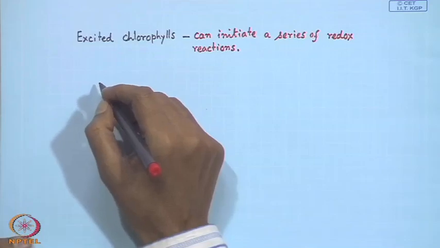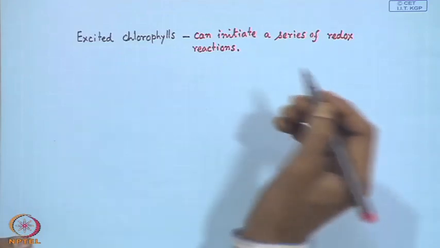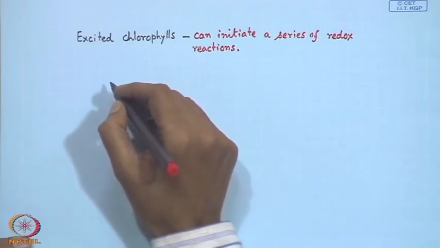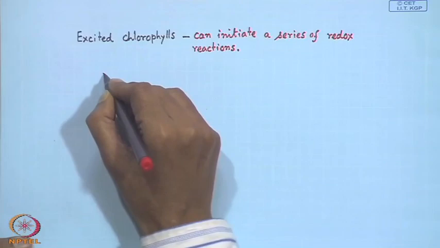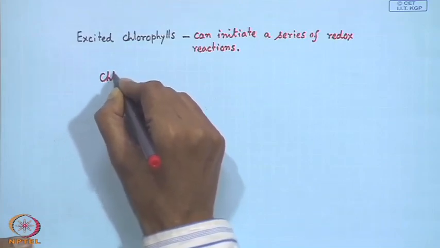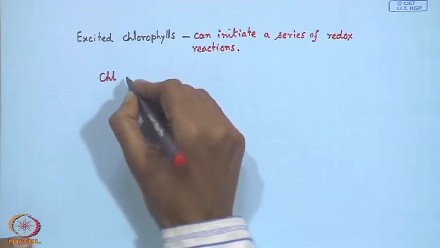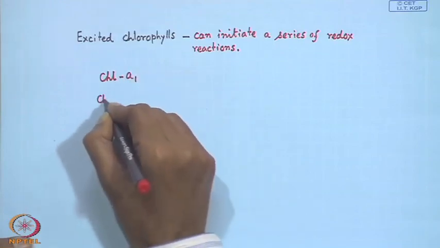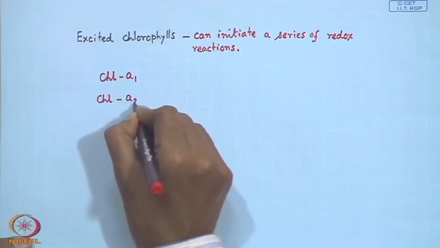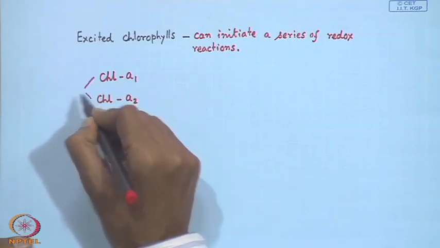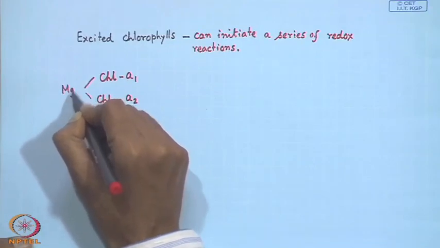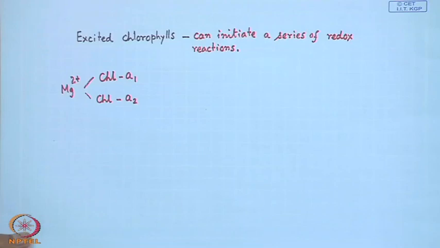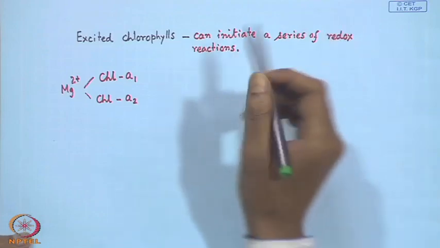At one point you have chlorophyll A1, at another point you have chlorophyll A2, and those chlorophylls are oxidized. These are all attached to magnesium 2 plus, but we are unable to change the oxidation state of magnesium.